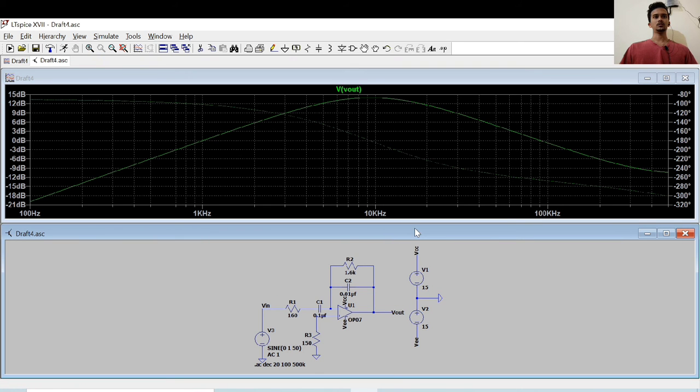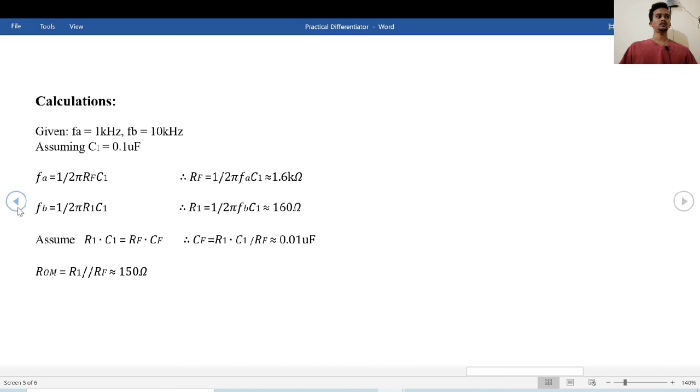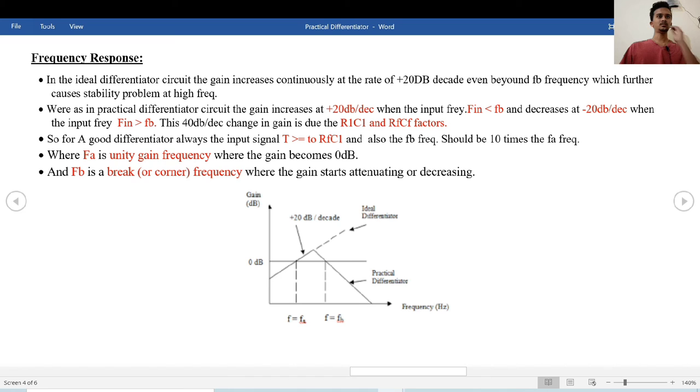Okay, so you can see that the gain increases at a rate of 20 dB per decade till 10 kilohertz, which is our FB, the corner frequency.